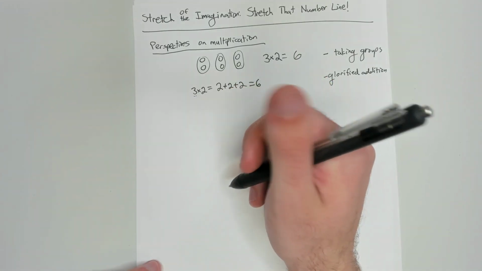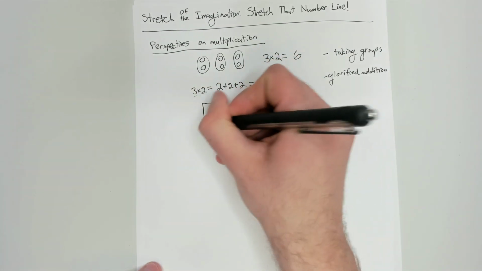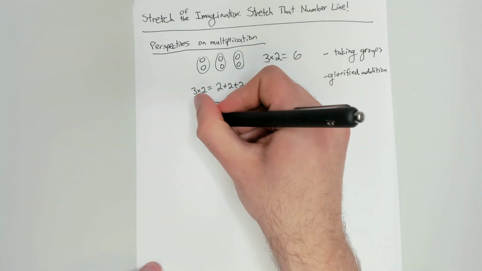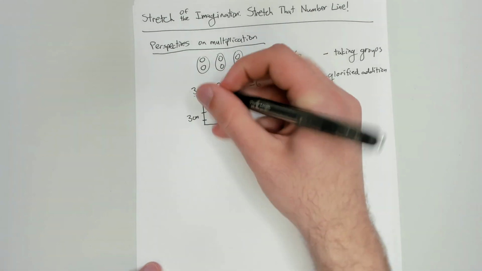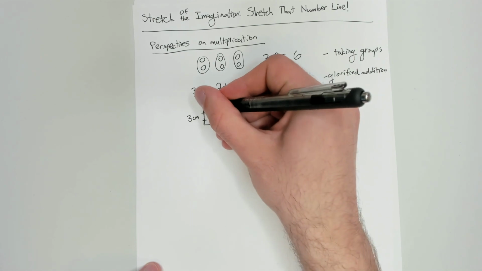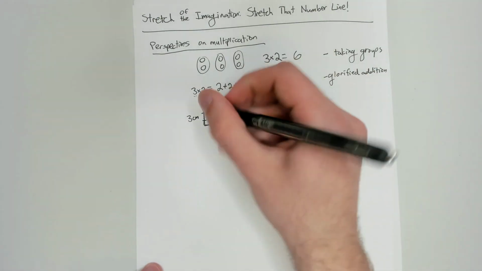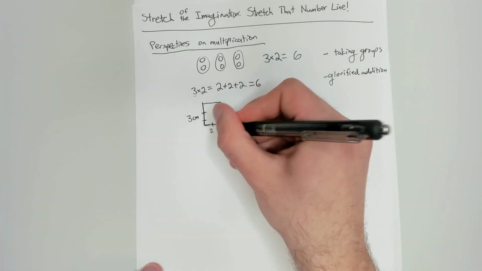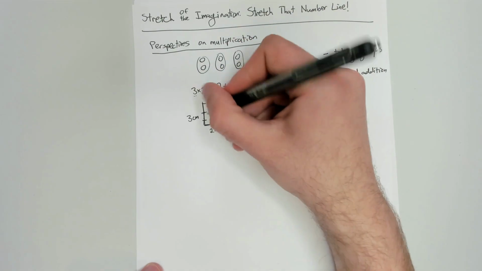Another way you can think about it is in terms of areas. Let's say I have a rectangle, and let's say this one is 3 centimeters tall, right? So this is 1 centimeter, 2 centimeters, 3 centimeters, and 2 centimeters wide, 1 centimeter, 2 centimeters. When we're finding the area of the rectangle, we just multiply this 3 by the 2.